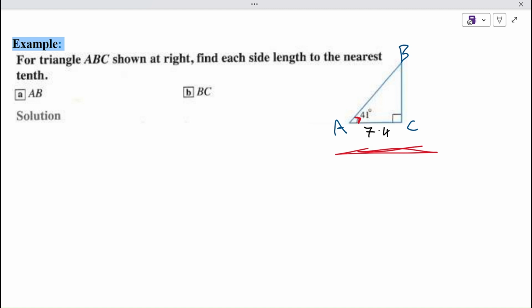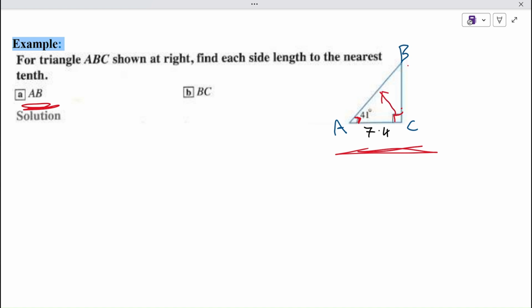The first one is AB. We have to find AB. So, guys, look here. For A, be careful. AB is what? I told you, every time to determine a hypotenuse, look at the side opposite the right angle. The right angle is this. The side opposite the right angle is called the hypotenuse.